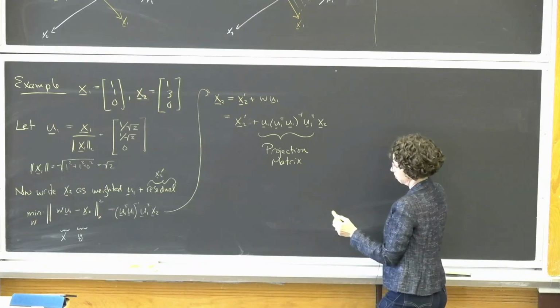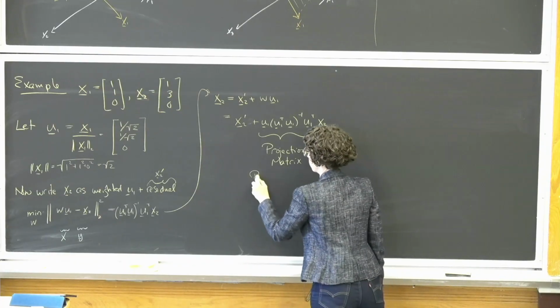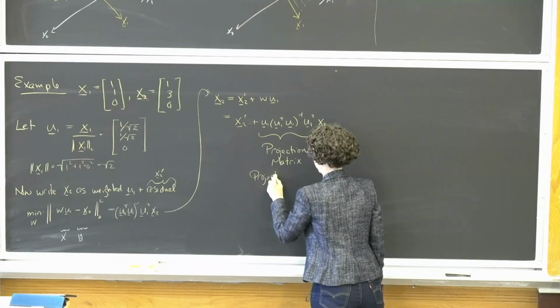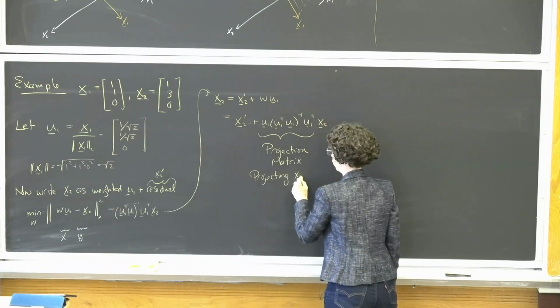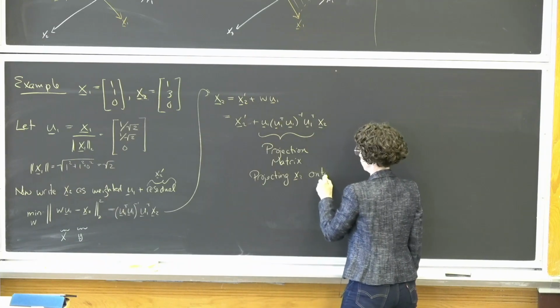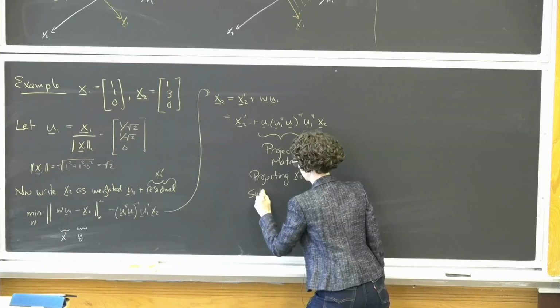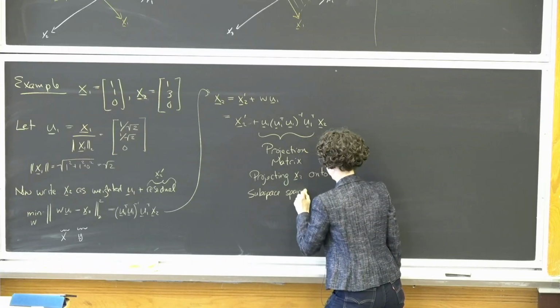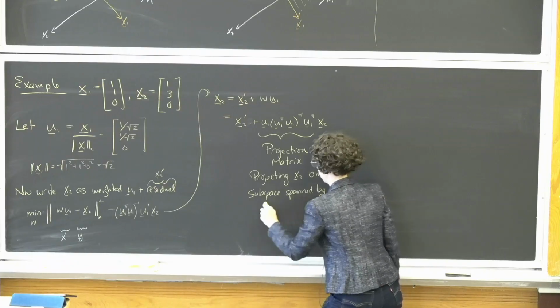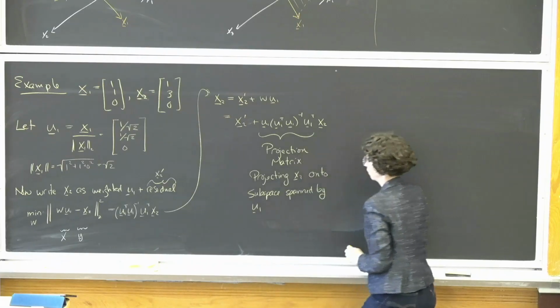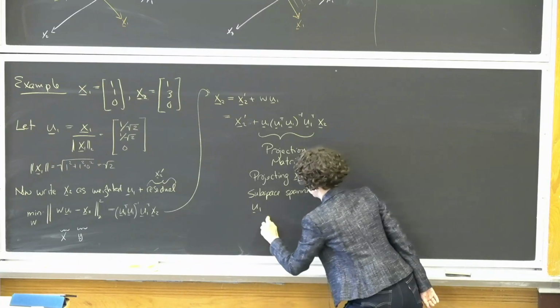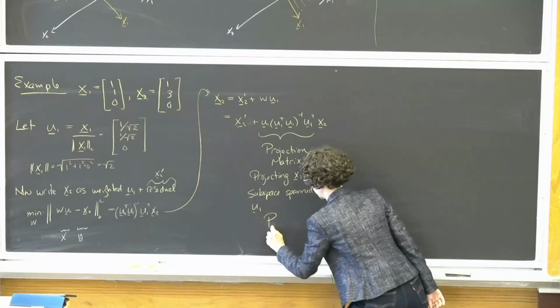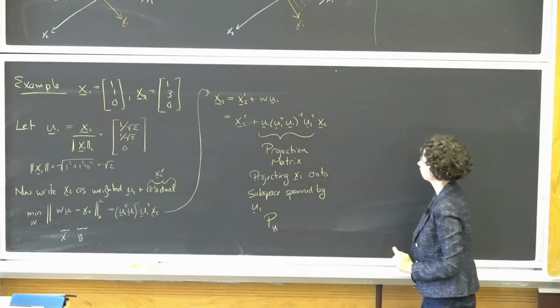So what this is doing is it is projecting x2 onto the subspace spanned by u1. And the notation we introduced is this would be p u1.